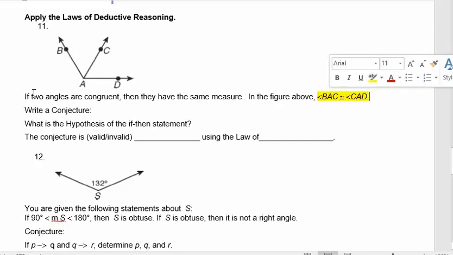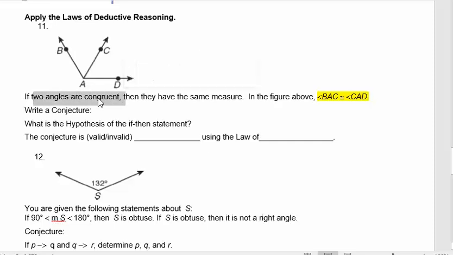This matches this. Now it's worded differently because they're talking about a specific angle in the second one, rather than just a definition of if two angles are congruent. So those match. So the hypothesis of both are true. So therefore, the conclusion will be true. So the conjecture will be they will have the same measure.